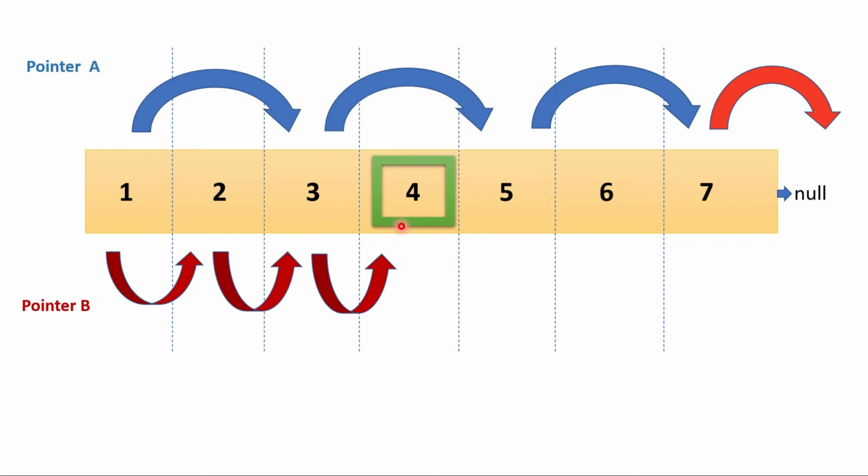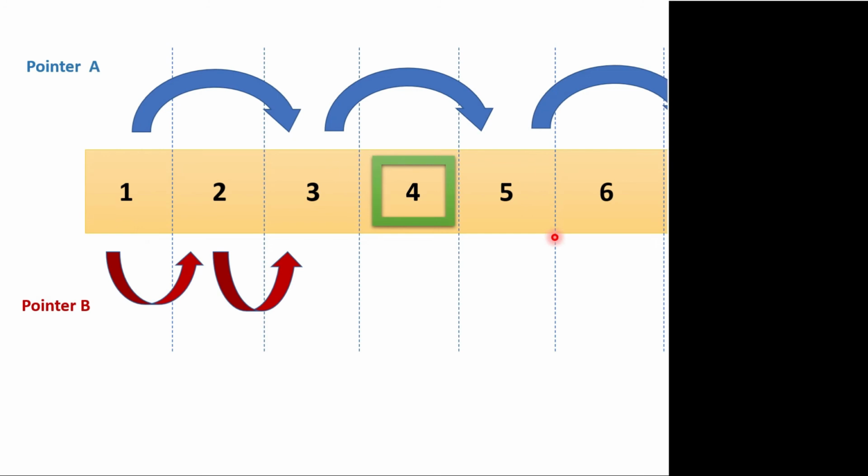Now we can see how it behaves for an even number of nodes. In the same example, I have darkened this area to sort it out. So 1, 2, 3, 4, 5, 6. Now 6 nodes are present, which means an even number of nodes.